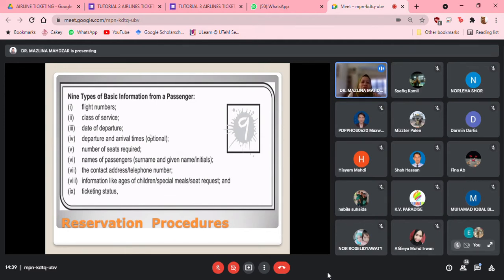So the first one would be a flight number. Of course, flight number ni kadang-kadang passenger pun tak tahu, tapi you kena tahulah dia punya preference, dia nak naik apa, pesawat Malaysian Airlines ke, preference of air carrier kan. And then of course classes of service, dia nak suruh you book economy ke, business class ke, first class ke kan.